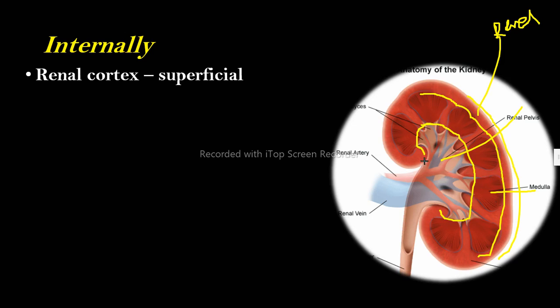Now the kidneys, because they are delicate organs that are vital in your body, are surrounded by a layer of fibrous tissue, probably collagen fibers, to provide tensile strength so that the kidney is not overstretched and damaged.